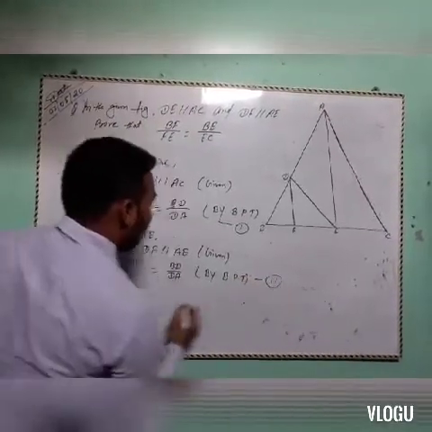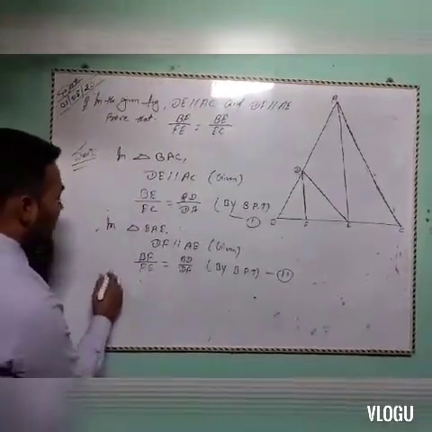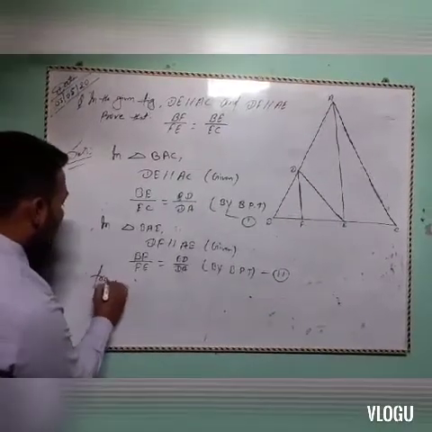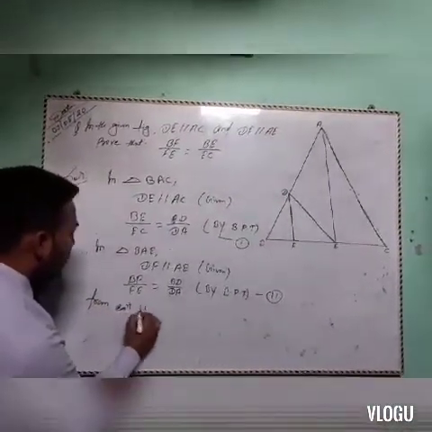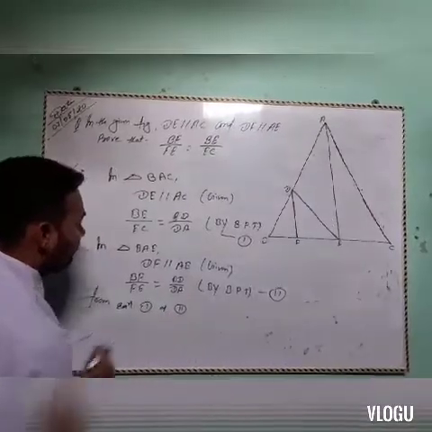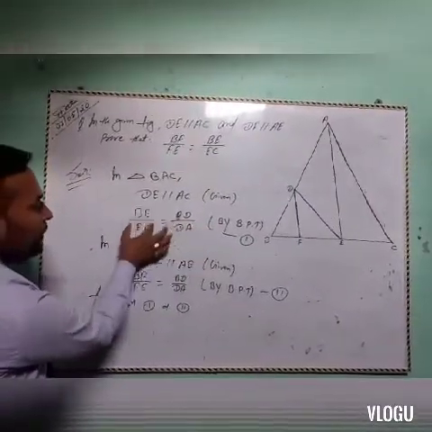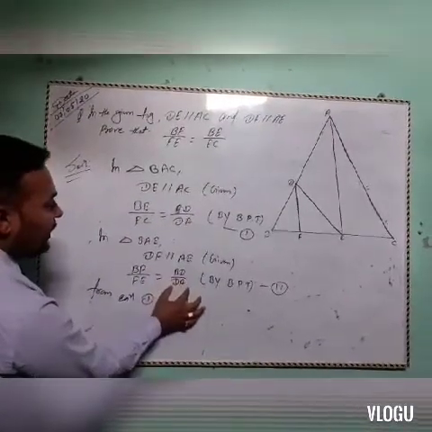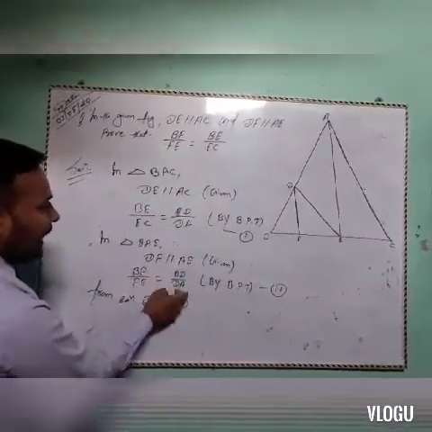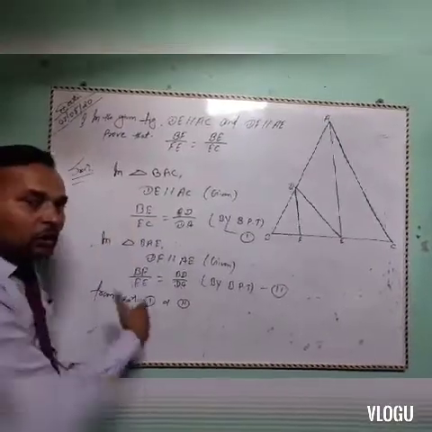Equation second. So from equation 1 and 2, BD by DA equals BE by EC and BD by DA equals BF by FE. RHS is equal, then LHS is also equal.